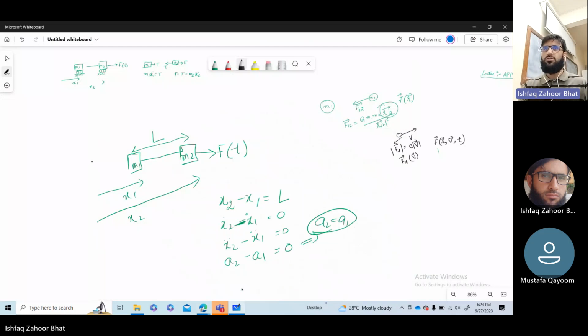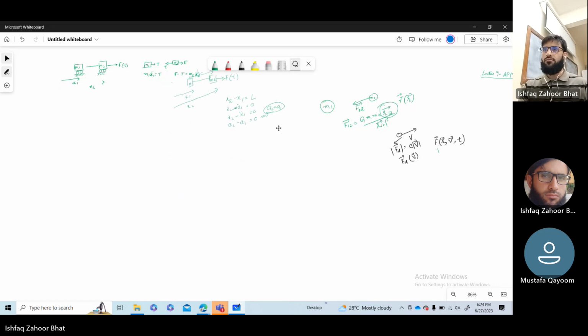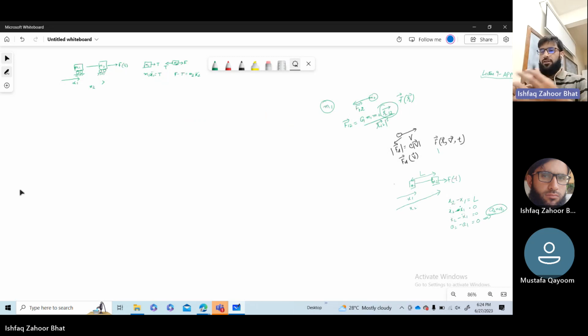Let me go again to the whiteboard. We know that xg, the position of the center of gravity, is m1 x1 plus m2 x2, if we have only two masses, upon m1 plus m2.